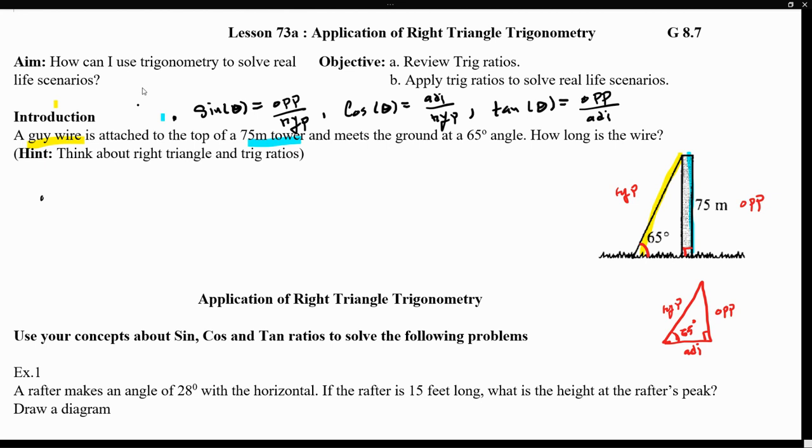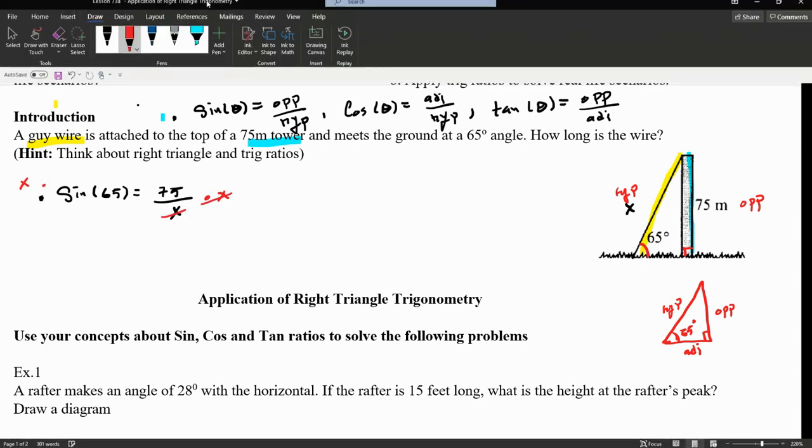So let's set this up now that we have the right trigonometric function. We're going to be using sine, but the sine of what? The sine of 65 degrees, because that's going to be equal to the opposite side, which is 75, over the hypotenuse, which I'll represent as x. Now we can solve for x. We multiply x on the left and on the right, and that cancels out.